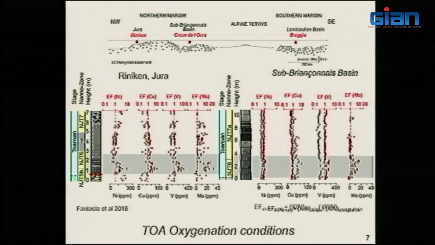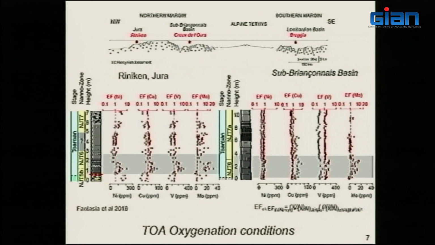Because some elements, especially uranium, vanadium, molybdenum here, are generally linked to very low oxygen condition. Why? Because they are linked to reductive condition. They cannot be fixed under oxygenated condition. It's exactly the contrary of phosphorus. Phosphorus doesn't like low oxygen condition because phosphorus is always fixed under oxide.